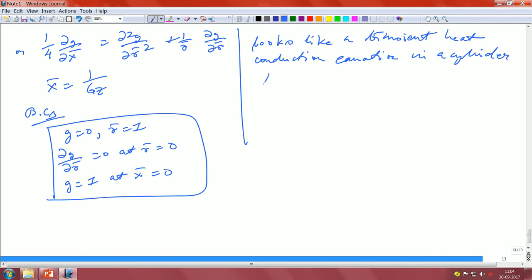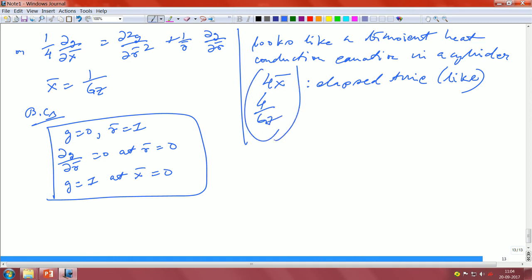Okay. So 4 into x bar is something like an elapsed time, correct. So it is exactly like a heat conduction type of equation with that kind of an elapsed time, whether you write it in terms of x or Graetz number or 4 by Graetz number, whatever it is, exactly the same. Both of these two terms exactly represent the same thing.